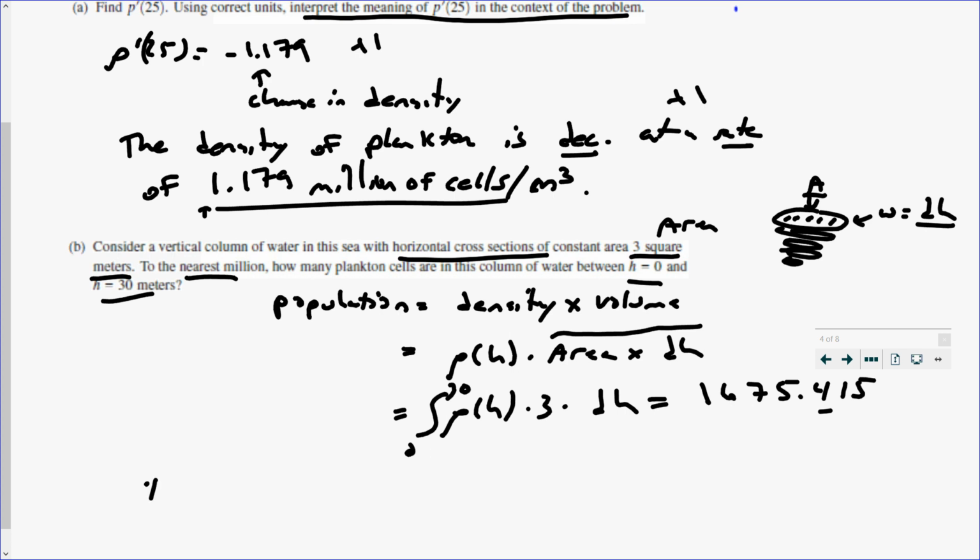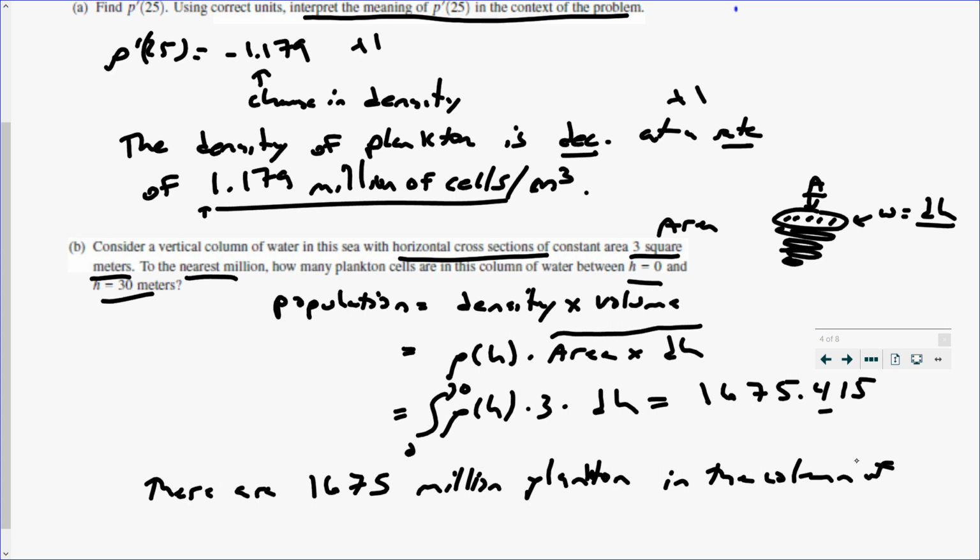So we're going to say there are 1,675 million plankton in the column of water. Look, you can use chemistry, H2O. All right. And the integral was worth 1, and your final answer, rounded, is worth 1 as well.